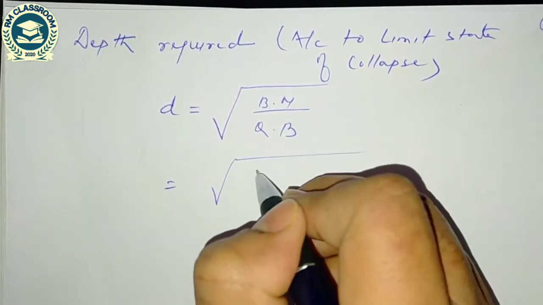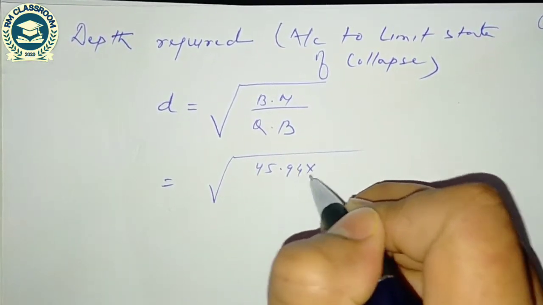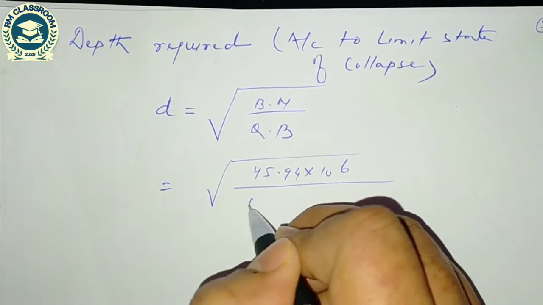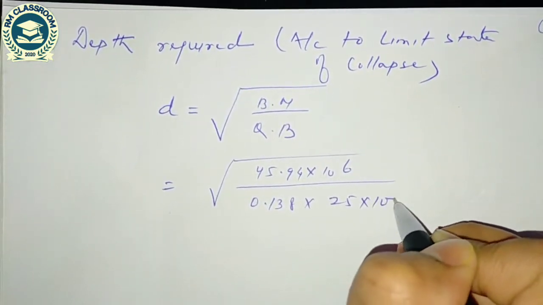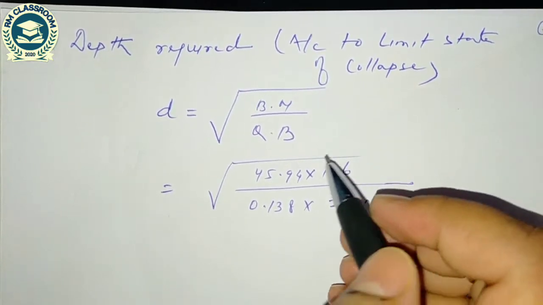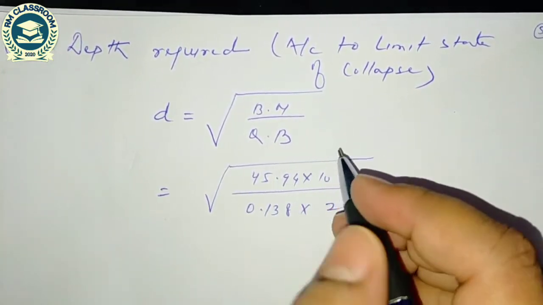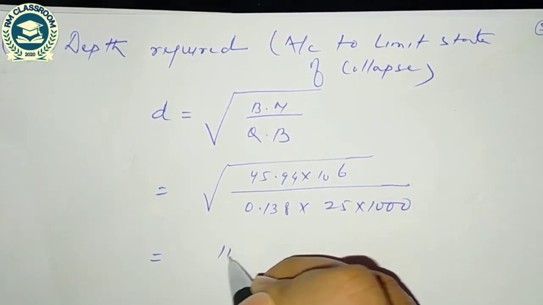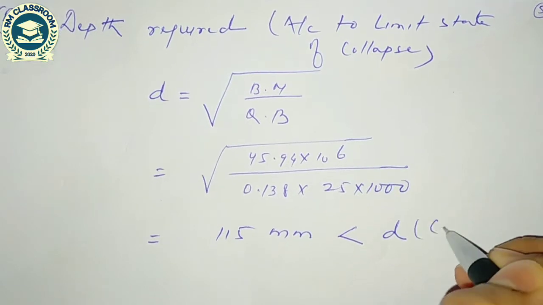So the bending moment is 45.94 into 10 to the power 6 divided by 0.138 into 25 into B, where, as I told you, we design the slab for a 1 meter length or 1 meter width. So it is coming 115 mm, which is less than D whatever we have considered.